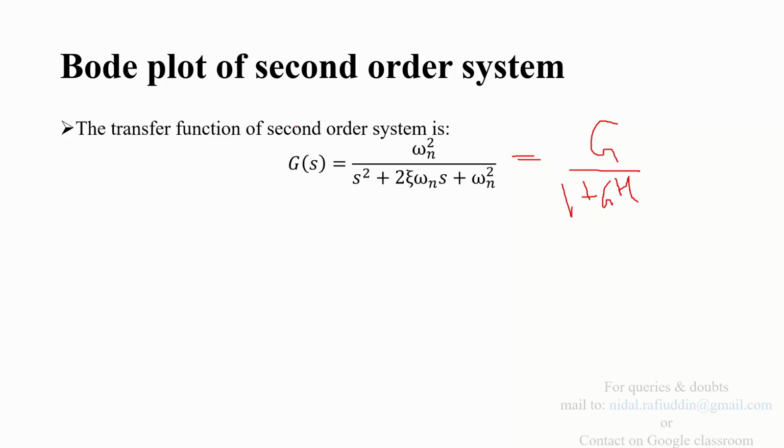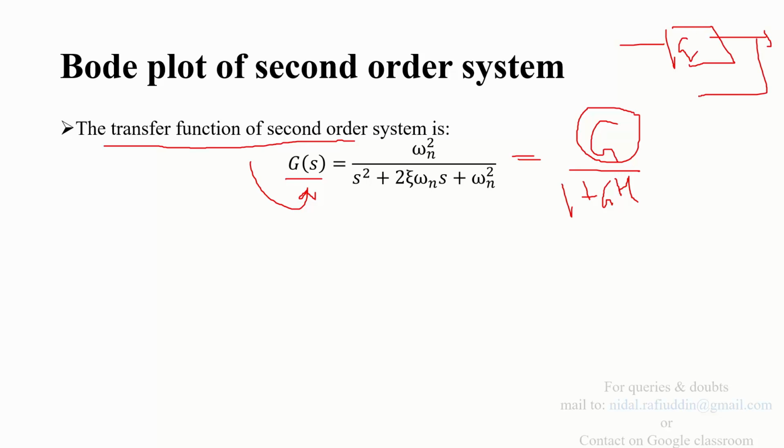Since most of the books have written that the transfer function of a second order system is given by G(s), this G(s) is not the same G where we have G in the forward path and H in the feedback path.